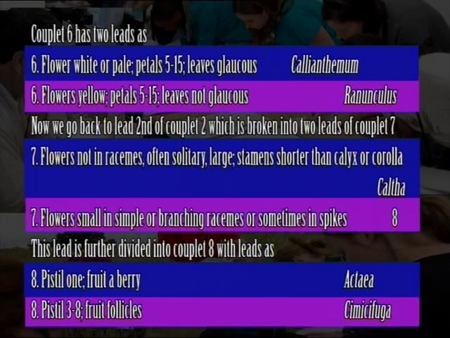This identifies Caltha, and the second lead of couplet 7 is flowers small, in simple or branching racemes or sometimes in spikes, which leads us to couplet 8. Number 8 means that this lead is further divided into couplet 8, whose leads are: pistil 1, fruit a berry, identifies Actaea; pistil 3 to 8, fruit follicle, identifies Cimicifuga.